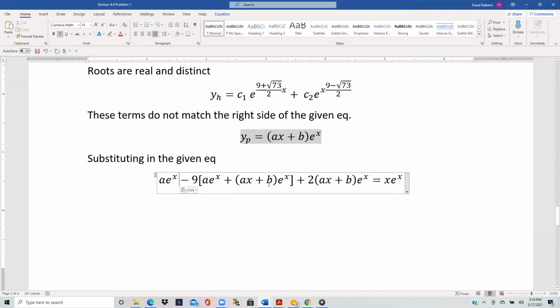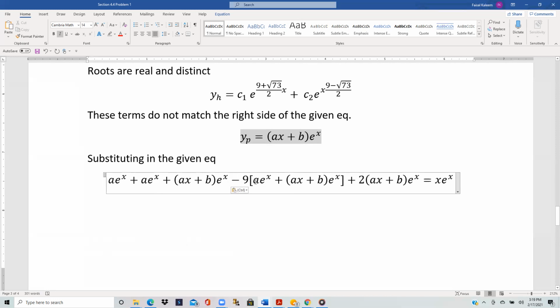So remember, the derivative of ax plus b times e to the x is again found by product rule, and actually it was this whole thing. If you remember, this was the derivative of ax plus b e to the x. So I'm just copying this and adding it here.